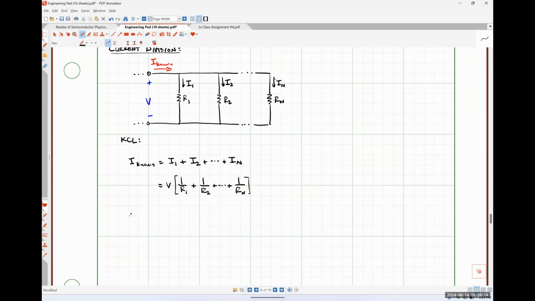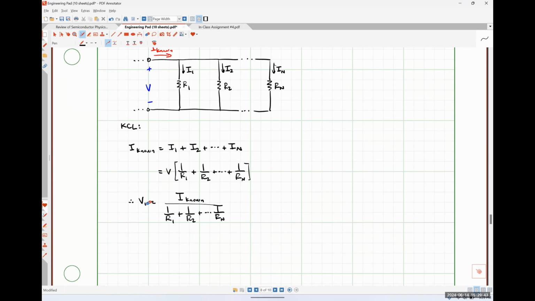And algebraically rearranging, we could say that V is equal to our known current divided by 1 over R1 plus 1 over R2 all the way out to 1 over R sub n. Sorry, that shouldn't be V1, that should just be V.